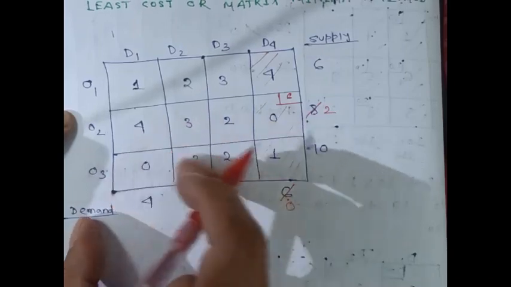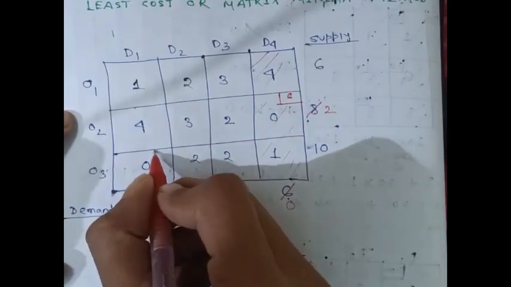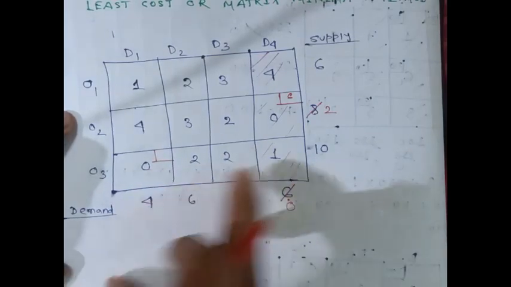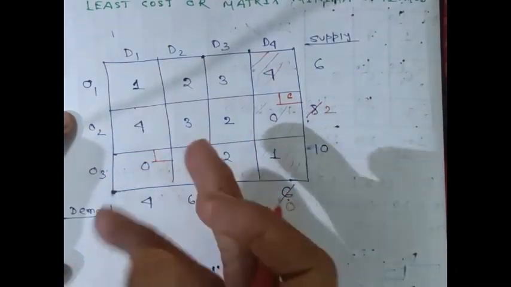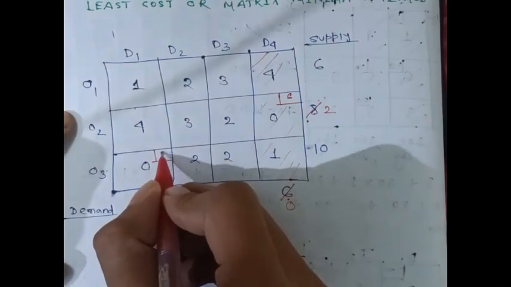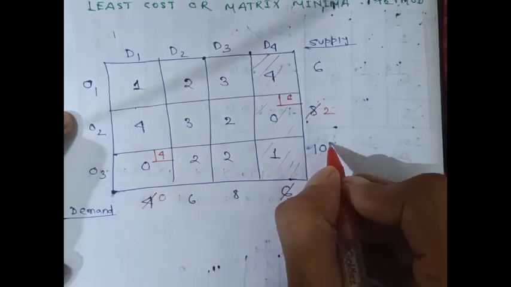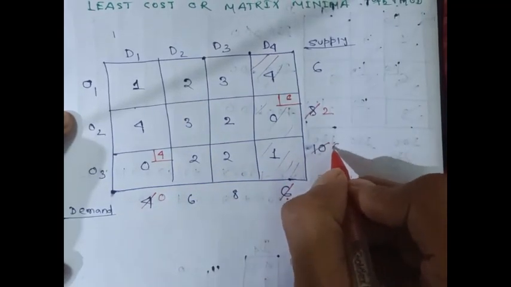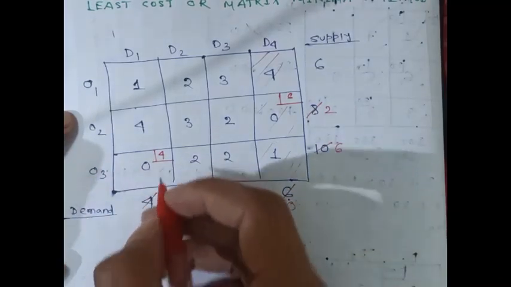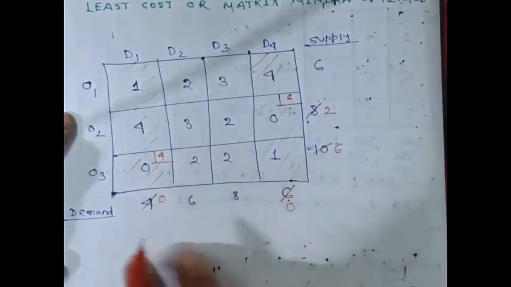Again 0 is the minimum. In between 4 and 10, 4 is the minimum, so we will take 4 and make it 0, and 10 minus 4 will be 6. As it is 0, this column also will be deleted.